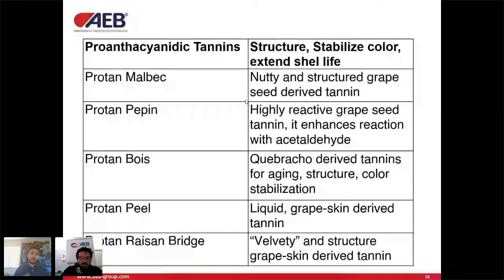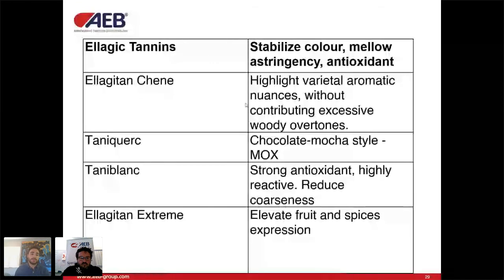Also, CAEB developed a list of Ellagic tannins, and the Ellagic tannins differ in the ability to have an antioxidant action, so promote this protection from oxygen and production of acetaldehyde, but also differ in the kind of aromas that can give to your wine.